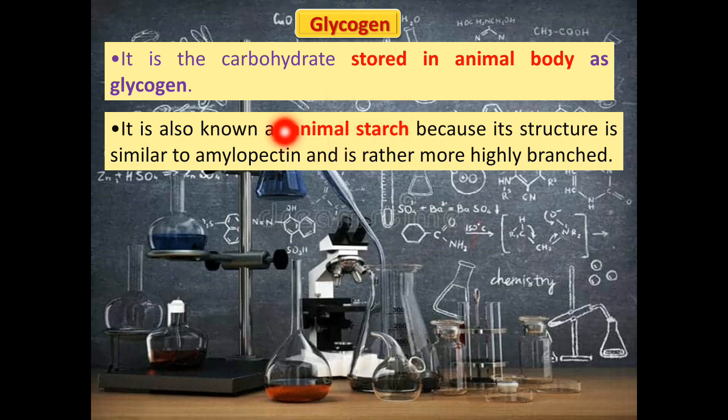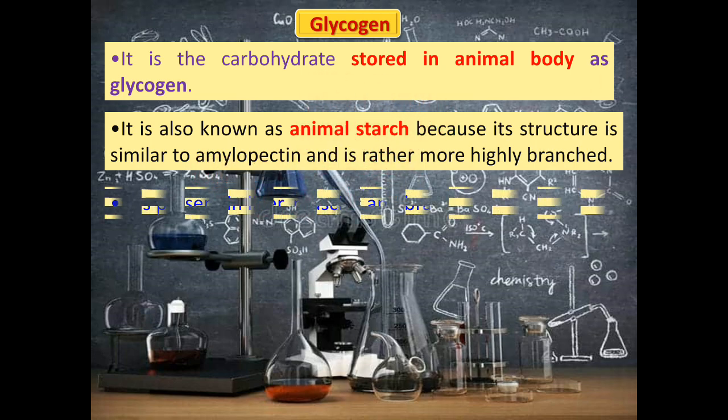Therefore, it's called animal starch. Amylopectin is branched, as you have discussed, whereas glycogen is highly branched. So first reason, since the carbohydrate is stored in animal body, called animal starch. Second thing, the structure looks like a starch, hence the name animal starch.